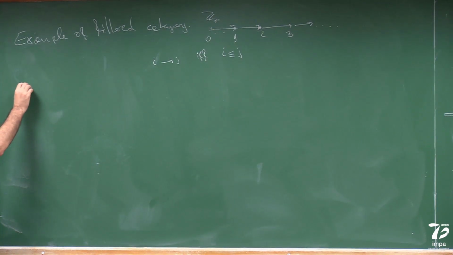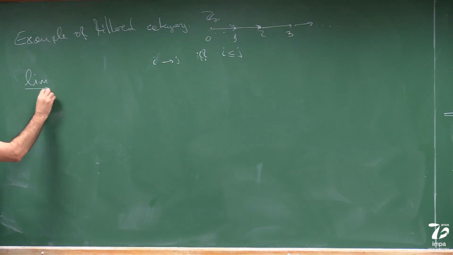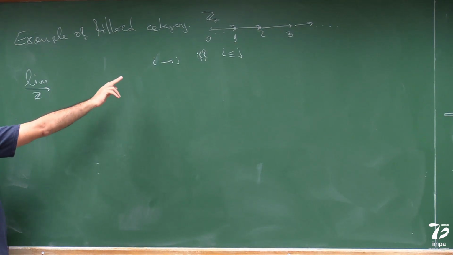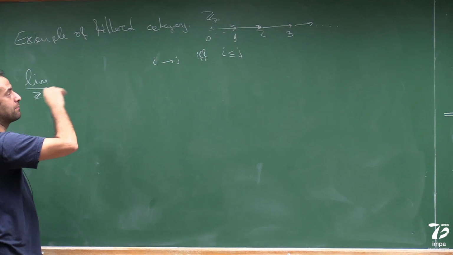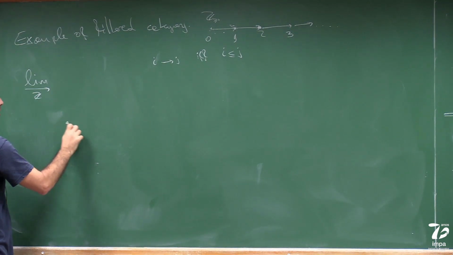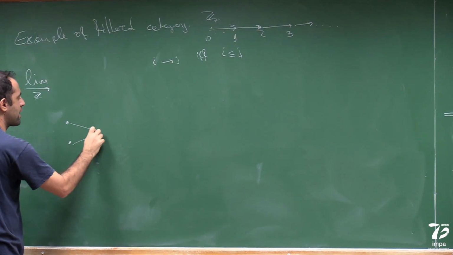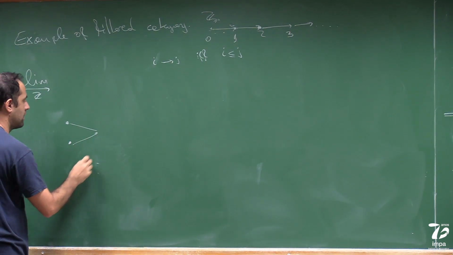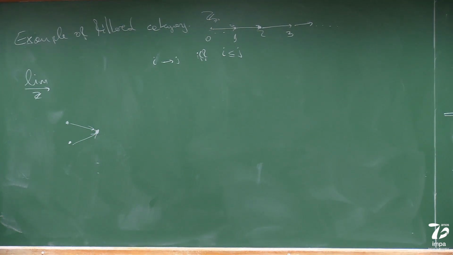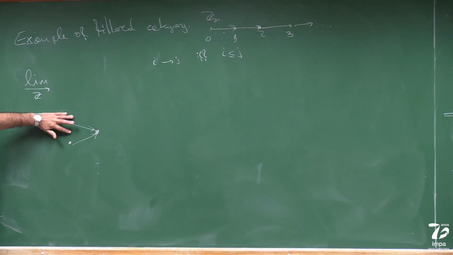And the limit there is really just called the direct limit over Z. If you have a partially ordered set, this is a totally ordered set, but you may have a partially ordered set. And remember, we are requiring that for any two objects, you have something that is larger than the two of them. But I don't have parallel arrows.